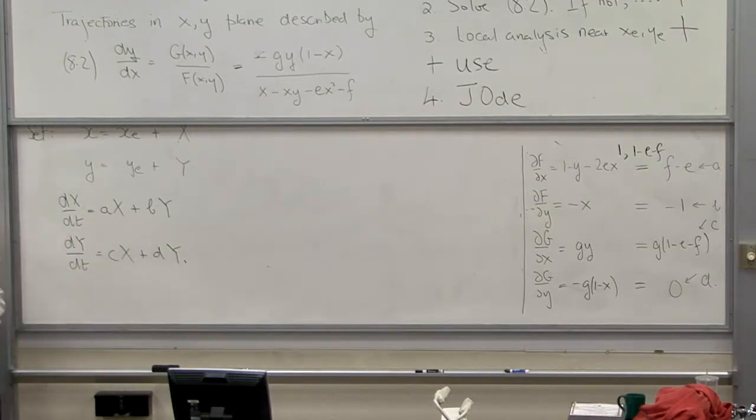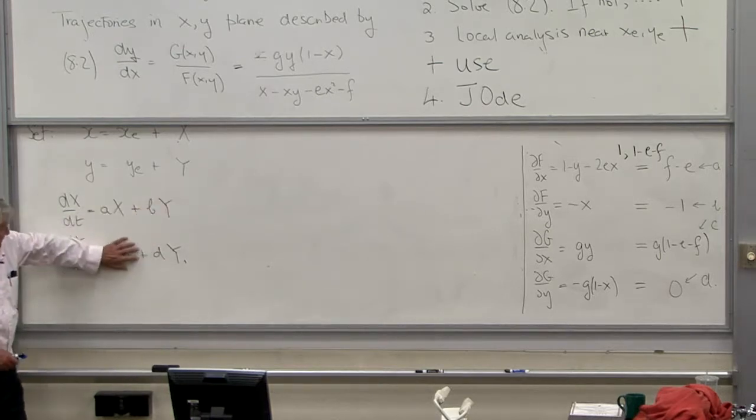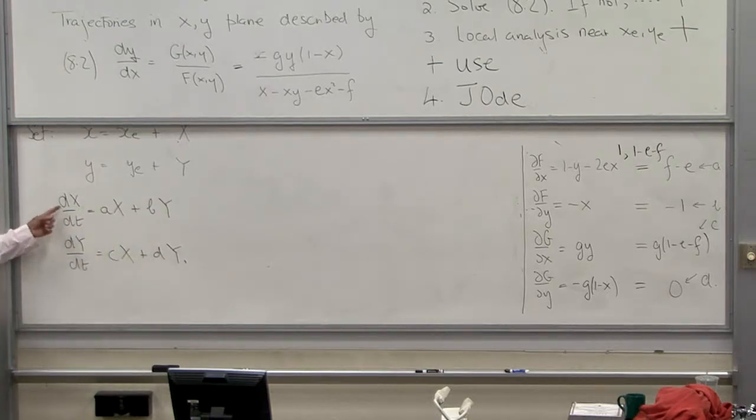Now, to solve these equations, if both b and c were 0, this is gone, then they're very easy to solve. dx by dt is ax, x is just x naught e to the at, and y would be y naught e to the dt.